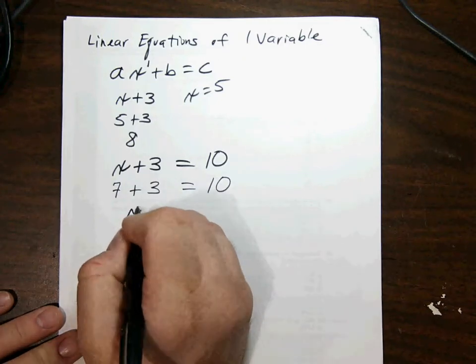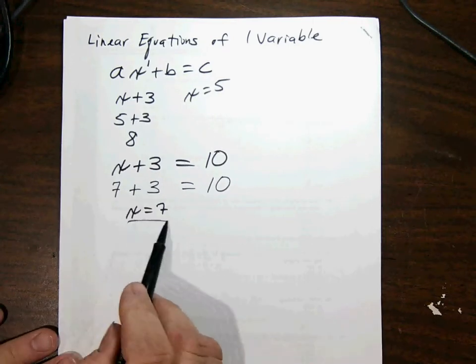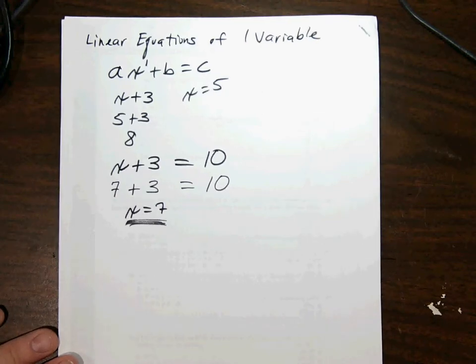So x equals 7. We found it just common sense wise. We didn't really do any math or algebra to find it. But that's always going to be my goal: take whatever I'm handed and turn it into x equals some number, and then that number is the answer.